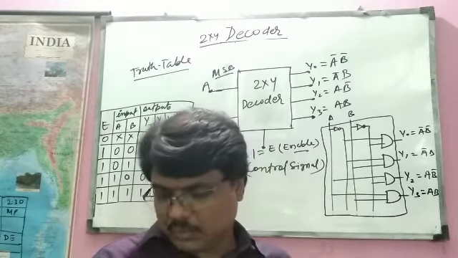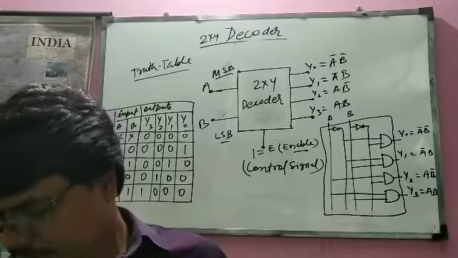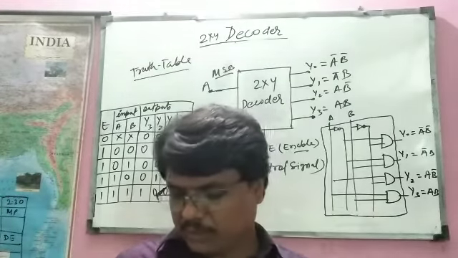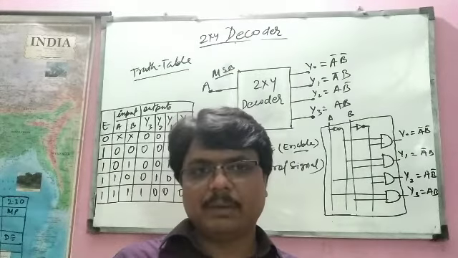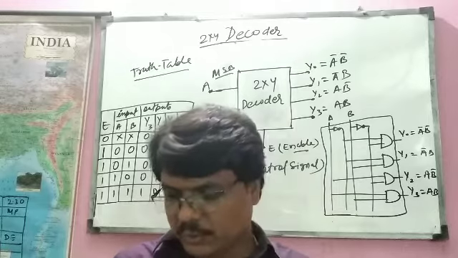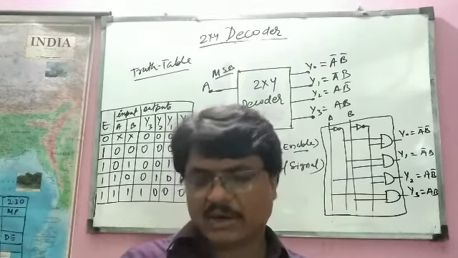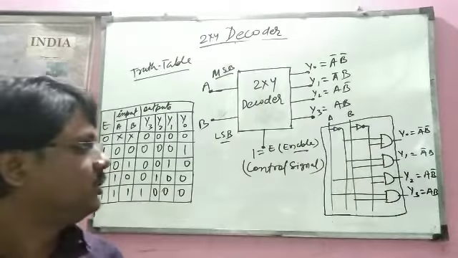Okay, so we'll see one or two examples. Some of the half adders or full adders may be implemented using this circuit. How it can be implemented, we will see. We will see half adder, only half adder, that how a half adder can be implemented using this 2:4 decoder.